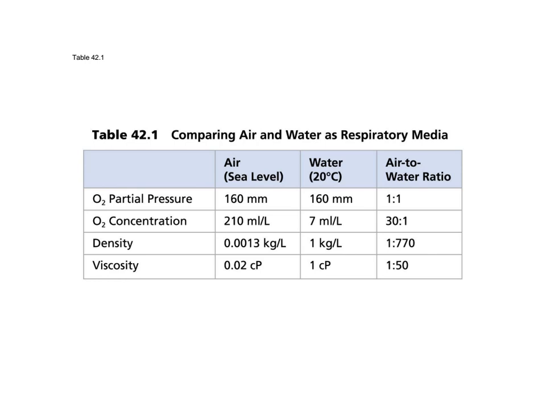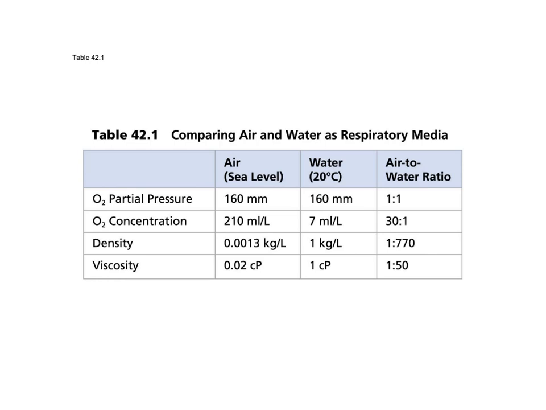Now, if we look at actual O2 concentration, it's very different. In air, it's 210 milliliters of oxygen per liter of gas. So that makes sense, right? 21%. 210 divided by 1,000 is 21%. In water, the value is much lower. It's about 7 milliliters of oxygen per liter of water.